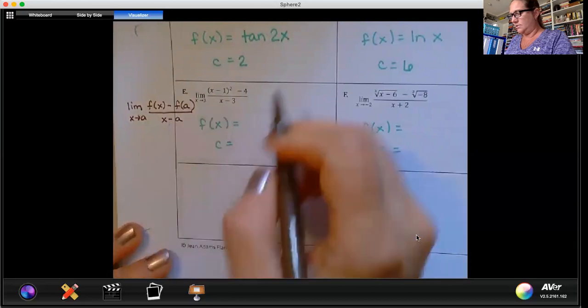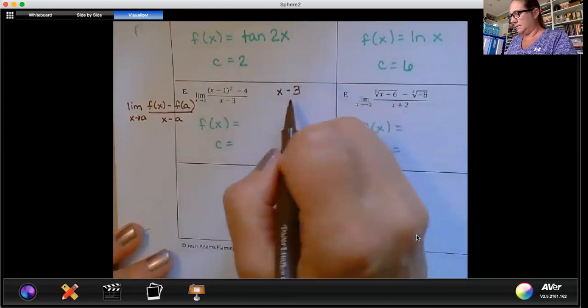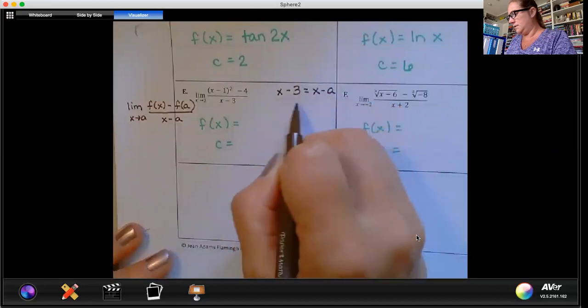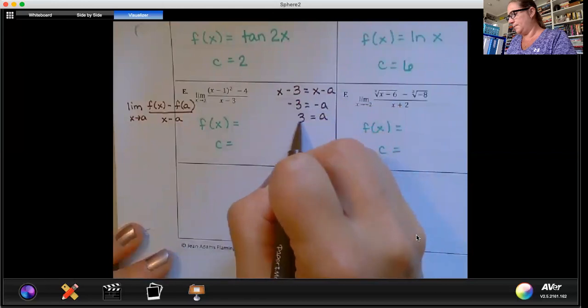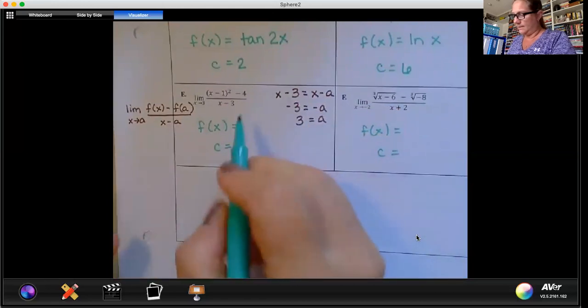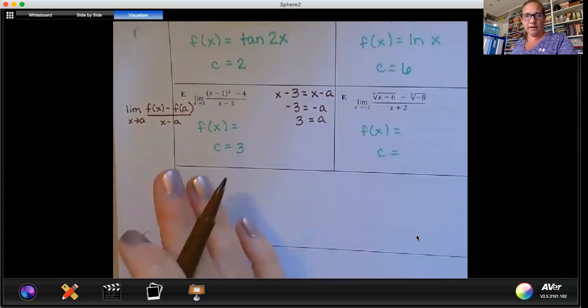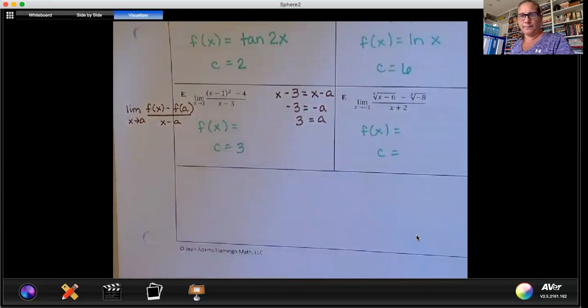X minus a is your denominator. So x minus 3 is x minus a. So negative 3 is negative a, so a is 3. In other words, it's going to be the opposite of your number that's in the denominator. Denominator is negative 3. Opposite of negative 3 is positive 3.